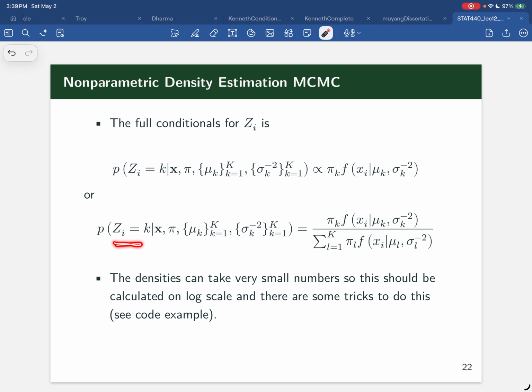Then the probability that an individual observation comes from mixture k is given by the value of the Gaussian bump at that location divided by the sum of the values of the Gaussian bumps at all those locations. Okay, if your head is swimming about this, it's totally intuitive. Let me take you back.